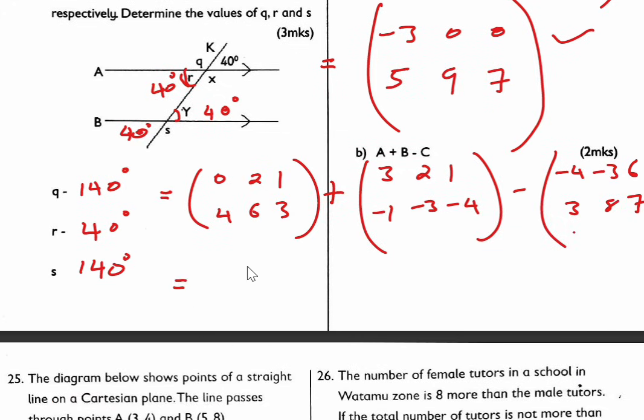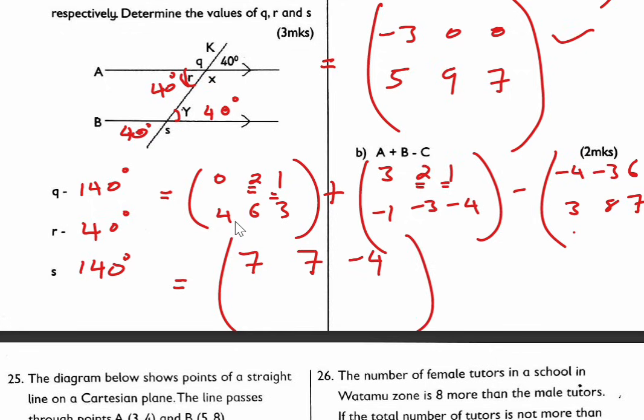So I'm going to write the final answer. 0 plus 3 is 3. 3 minus minus 4 becomes a plus. 3 plus 4 gets 7. 2 plus 2 is 4. 4 minus minus 3, so 4 plus 3 gets again 7. 1 plus 1 is 2. 2 minus 6, we get negative 4.